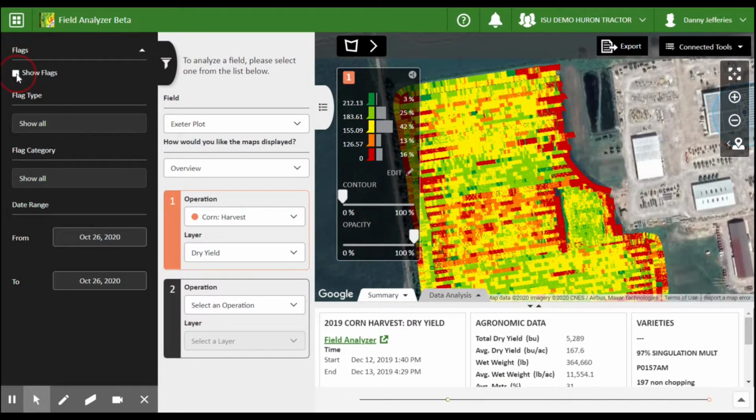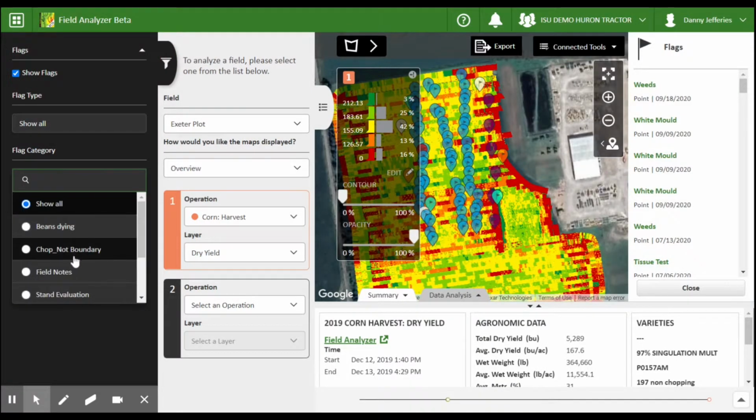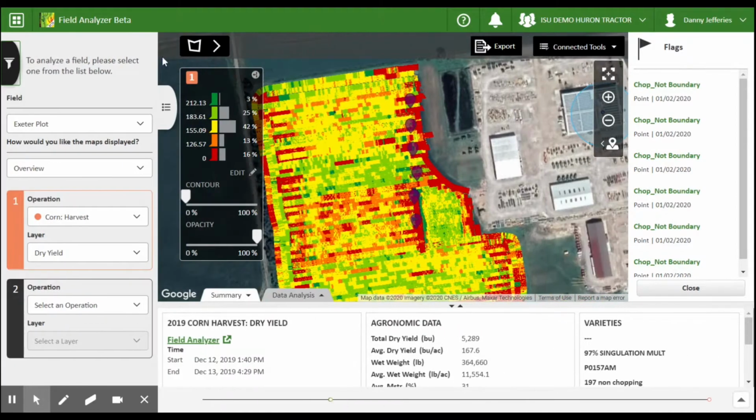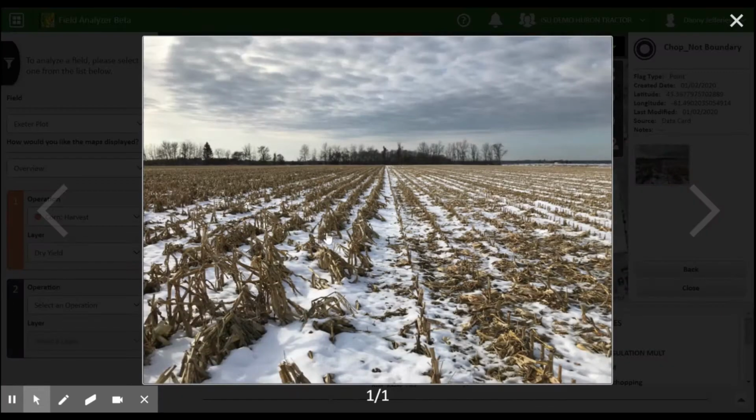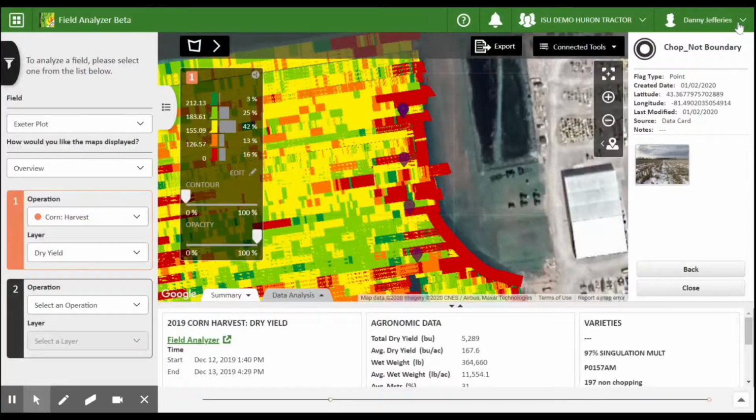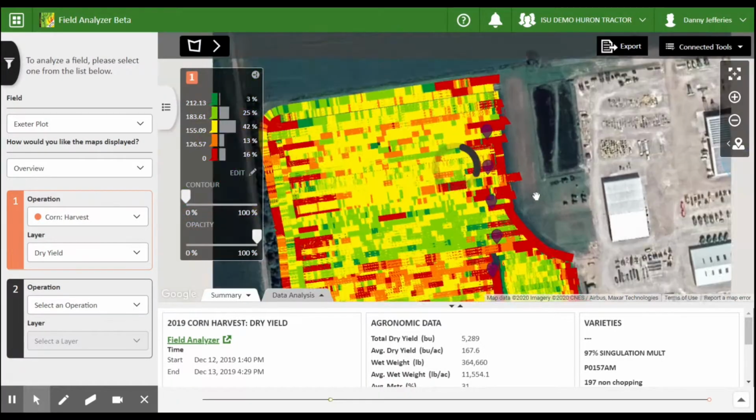And so we identified these areas using the flag feature on John Deere displays. So you can see we identified the transition zones of each of these passes with these flags and marked those with pictures. So I know anything to the north of that point was chopped, anything to the left of that point was not chopped. So we're able to take that into account.